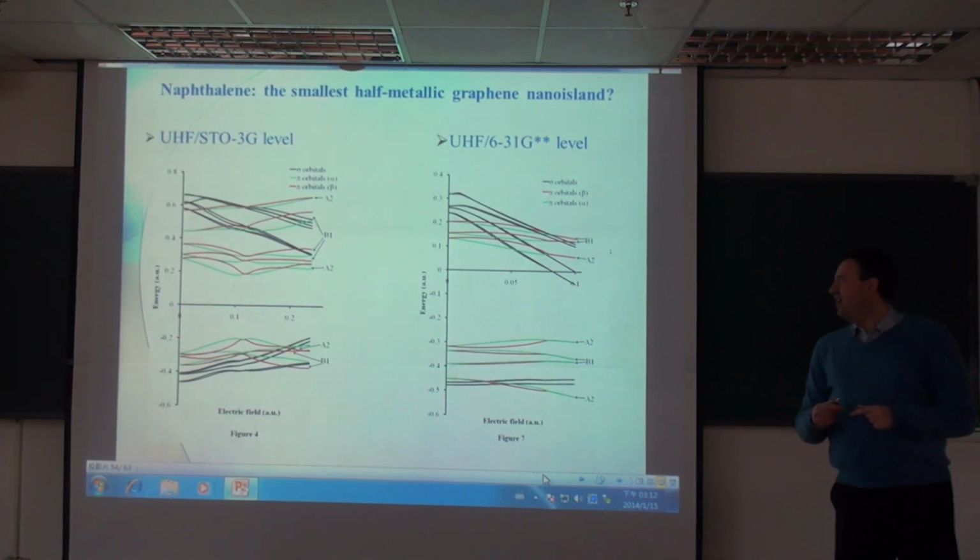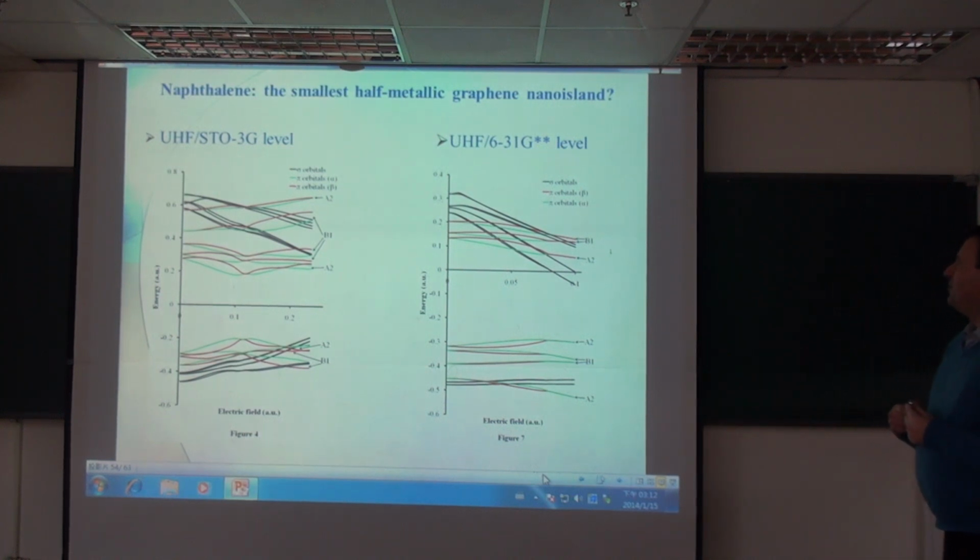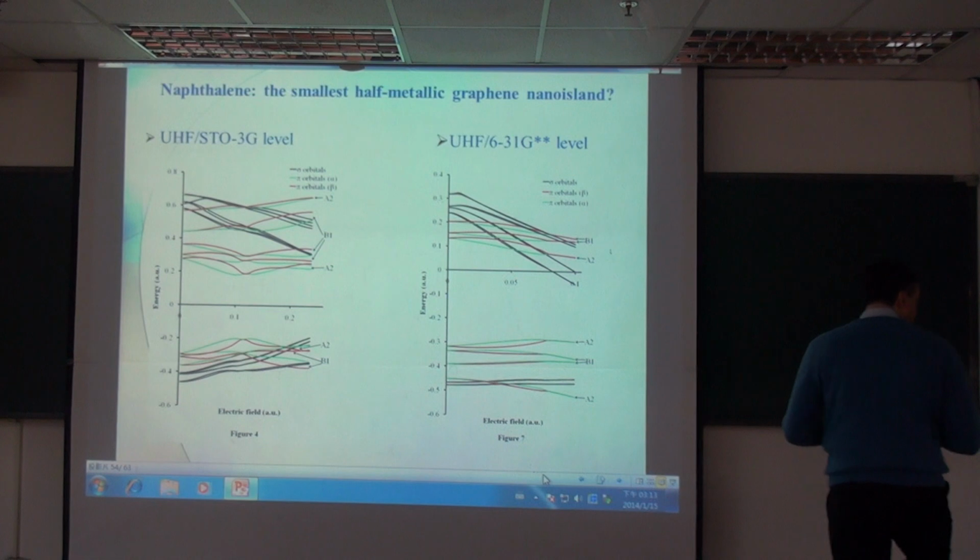So if we apply an external electric field perpendicular to the edge states of naphthalene, we find a half metallic split of pi orbitals. There is almost no effect on the sigma orbitals. The effect of the half metallic split will decrease slightly if we increase the basis set, but we have found that even in the limit of a complete basis set, there would still be a half metallic split in this case.